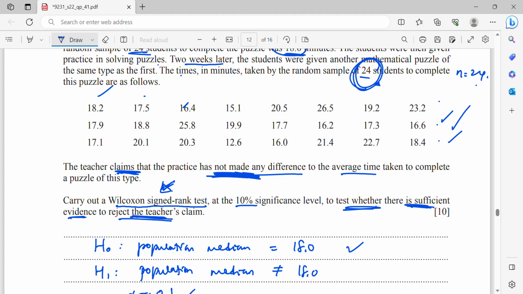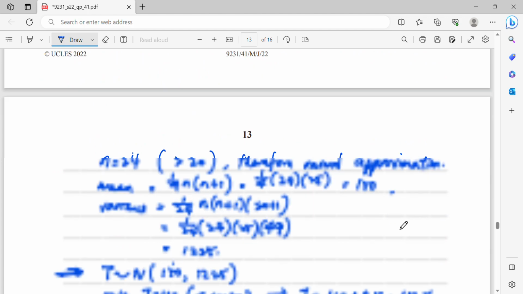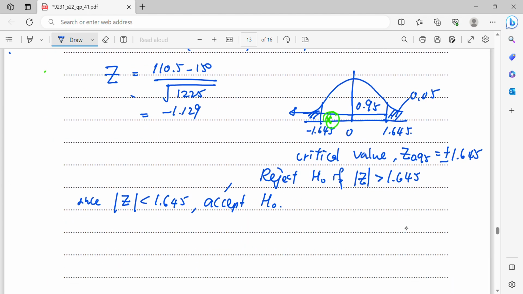Therefore, there is insufficient evidence to reject the teacher's claim, because we accept H naught, which means the mean is still the same as 18.0. So you will say there is insufficient evidence at alpha equals 0.1 to reject the teacher's claim.